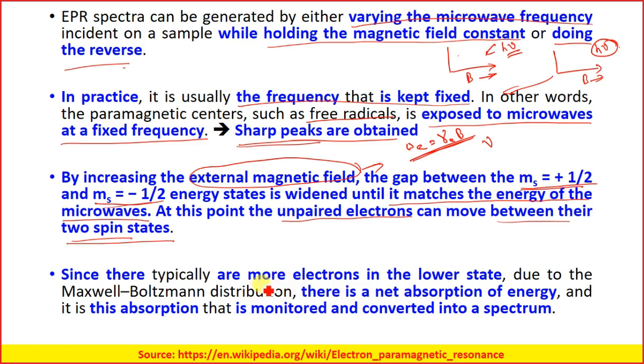Since there typically are more electrons in the lower state due to the Maxwell-Boltzmann distribution, there is a net absorption of energy, and it is this absorption that is monitored and converted into a spectrum.